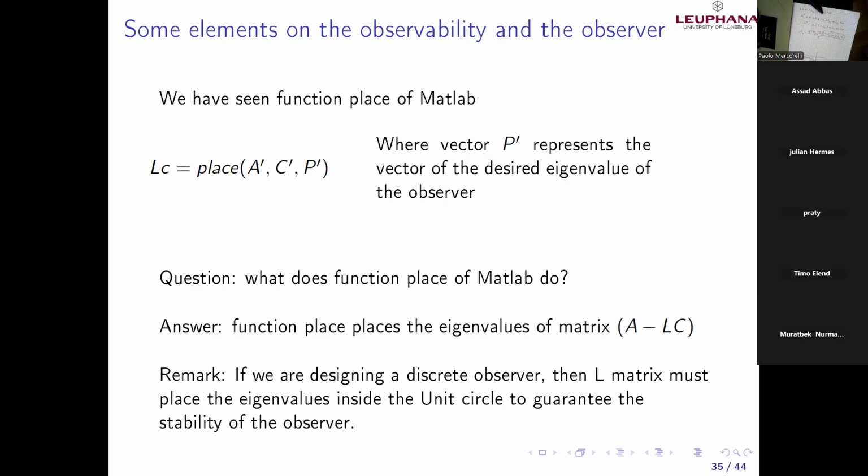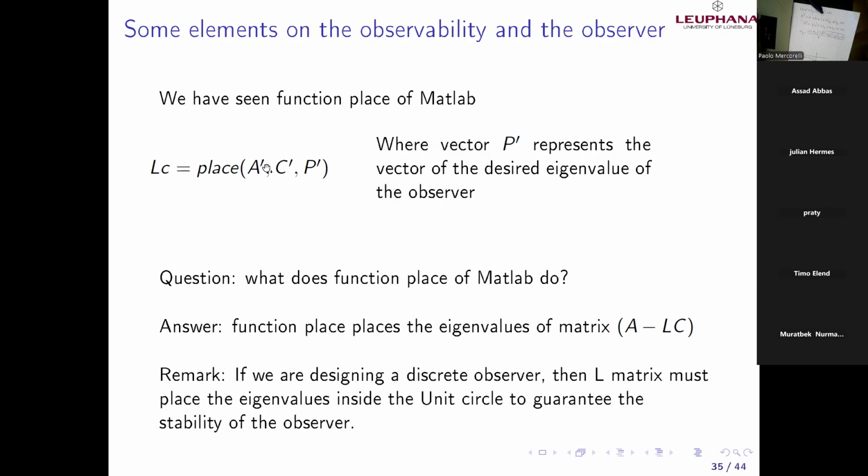The function place is conceived for controllability, but controllability is the dual concept of observability. Forget this, just to justify it, so don't be scared if I am speaking about the transpose. P is not a problem to understand because P must be a vector, because C must be a column vector. But if you remember, C was a row. This concept of duality is connected also with the transposition of matrices. I don't have time to go in depth here.